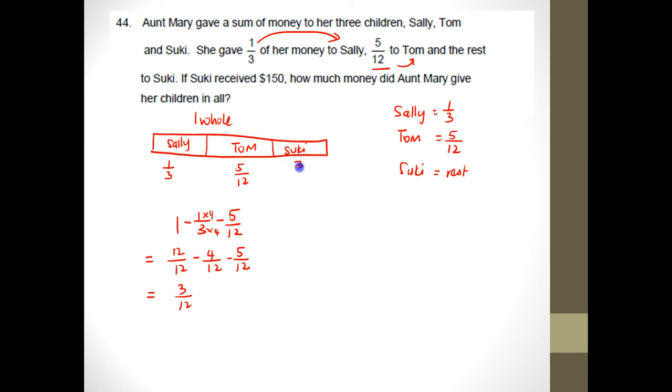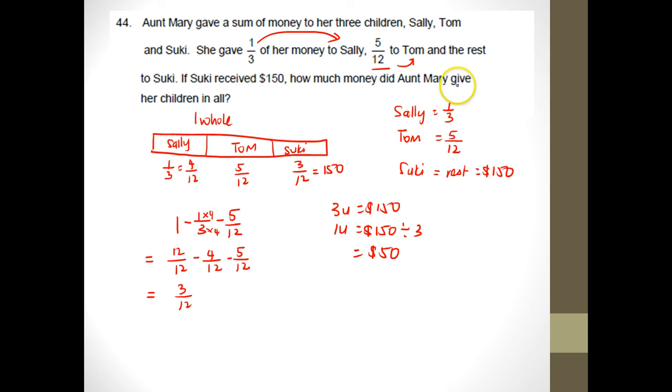So Suki gets 3/12. Sally is actually 4/12. Next, Suki received $150. So Suki, which is the rest, is 150. So I know that 3 units is $150. So 1 unit will be 150 divided by 3, which is $50.